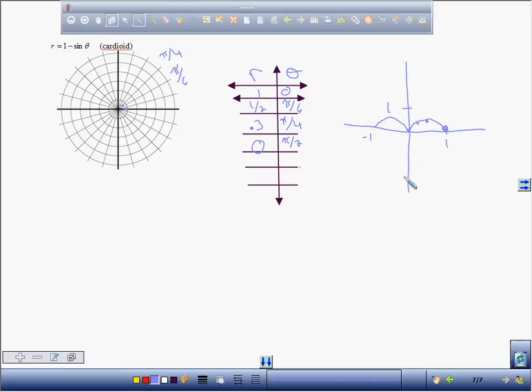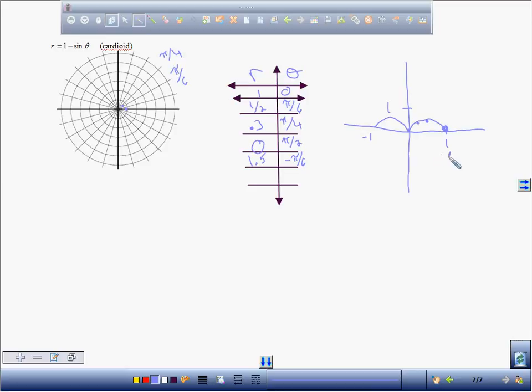So how do I get some points down here? What do I need to plug in? Yeah, negative numbers, like negative pi over 6. Sine of negative pi over 6 is negative 1/2. So I get 1 minus negative 1/2, which gives you positive 1.5. So I'm going to go out 1.5, and then rotate through negative pi over 6.